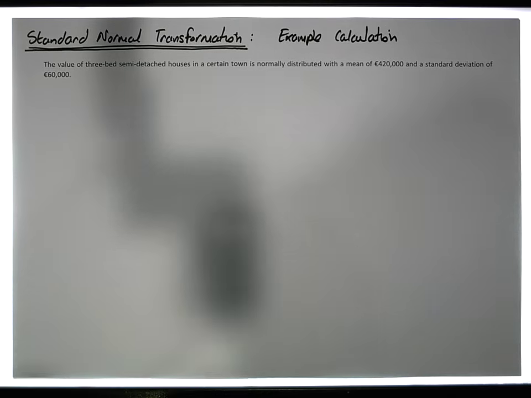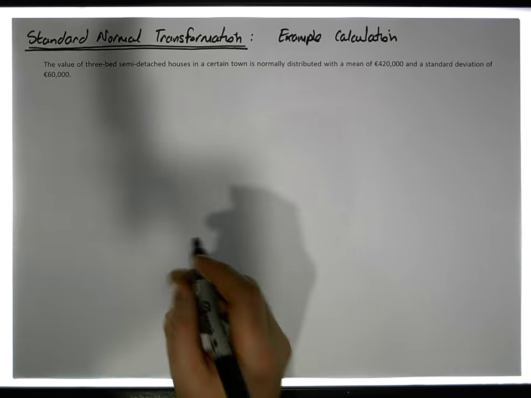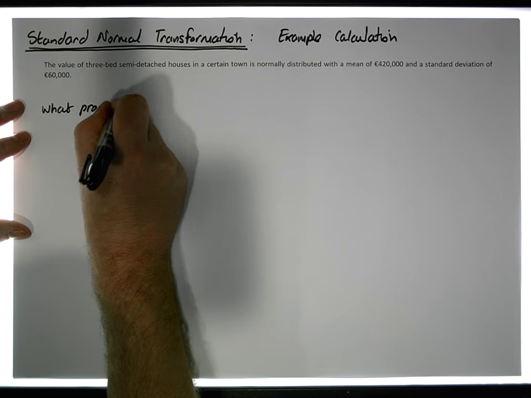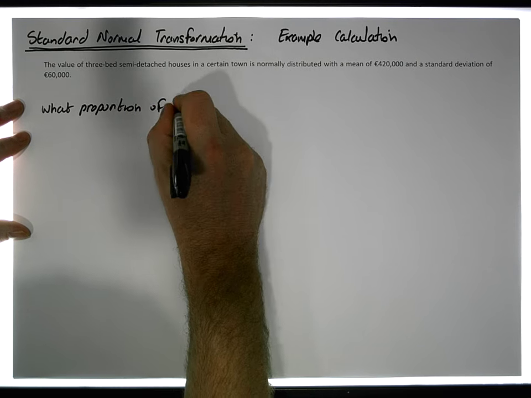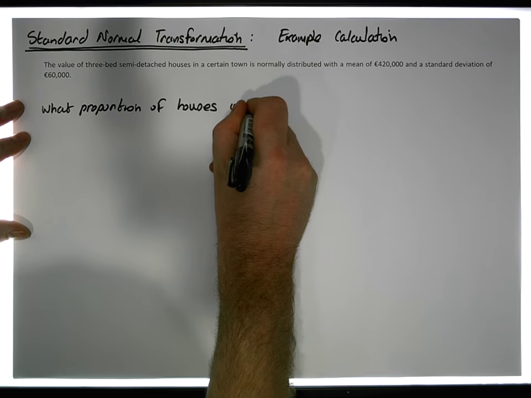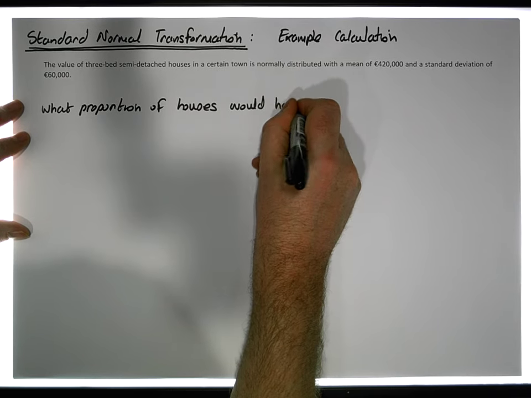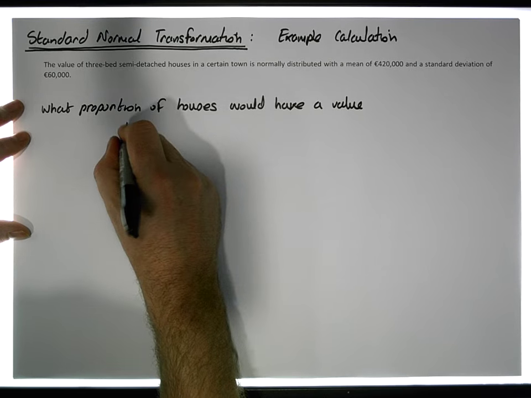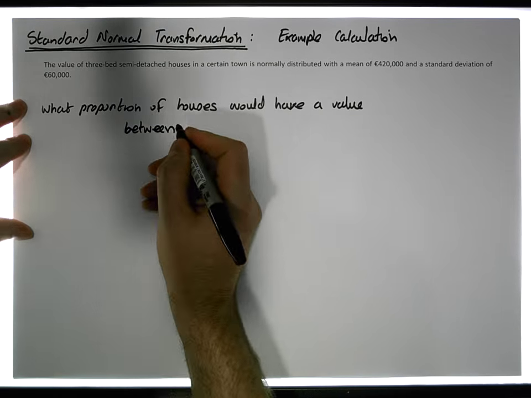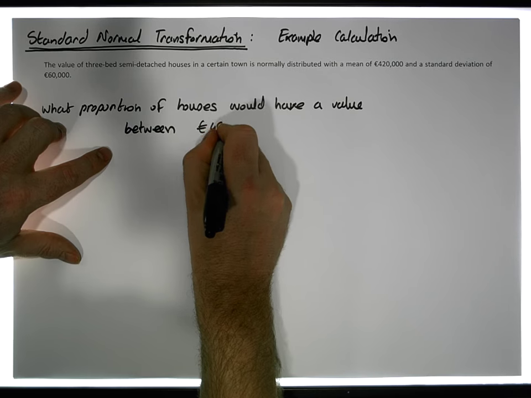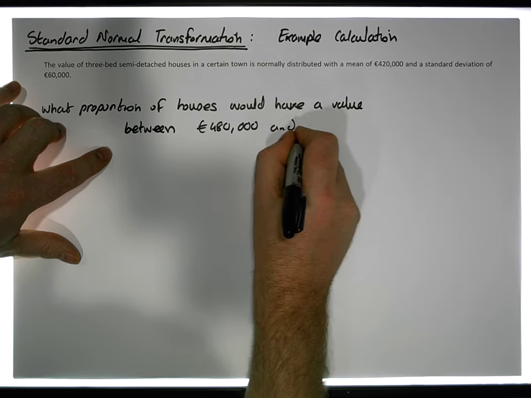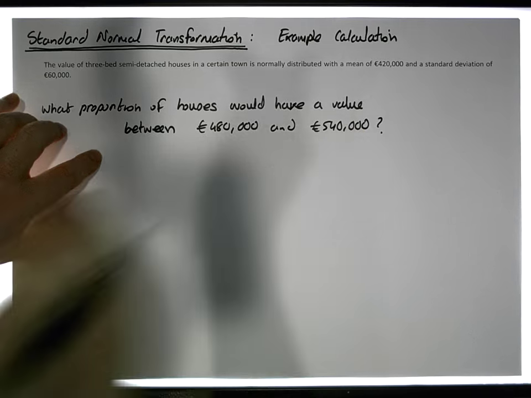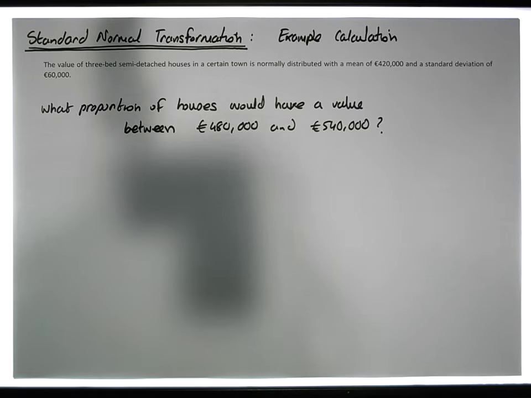What I'd like to calculate is what proportion of houses would have a value between €480,000 and €540,000.